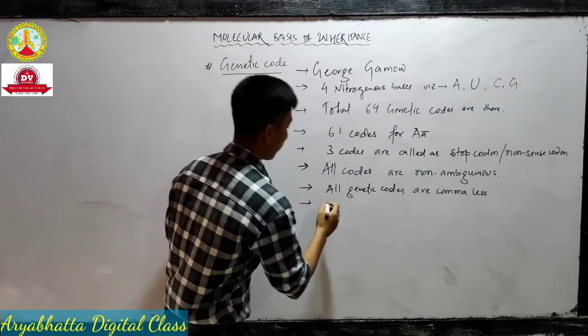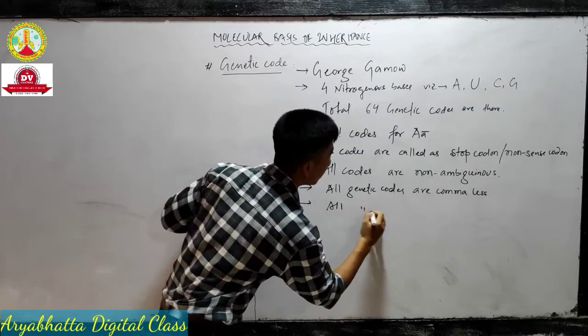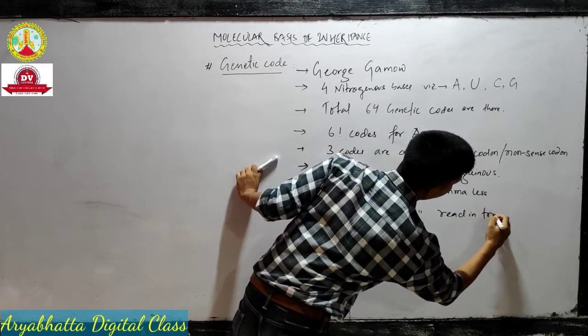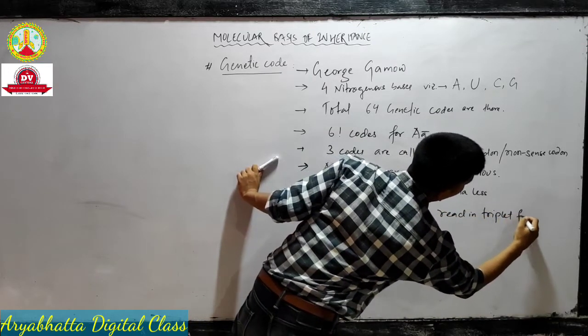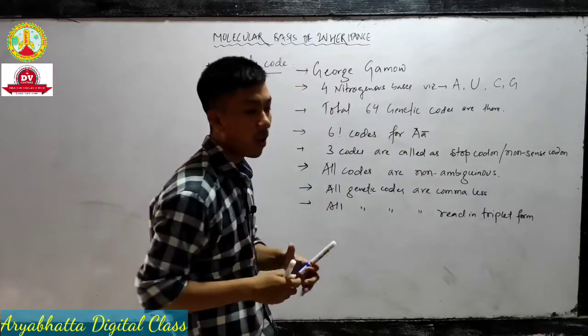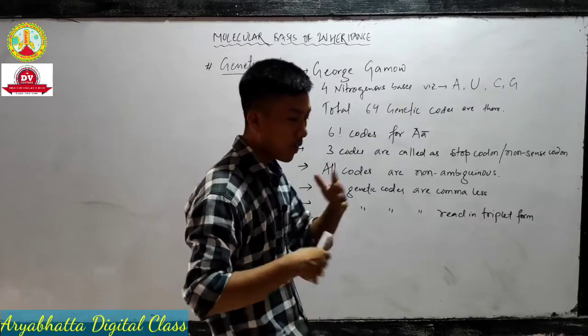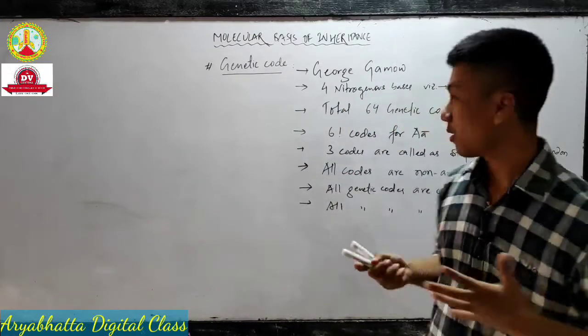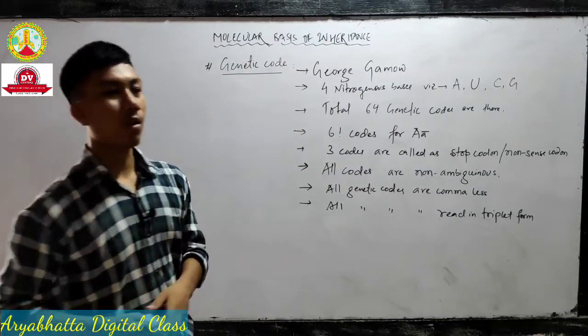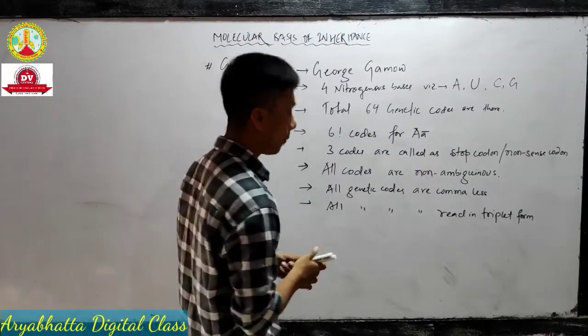One more important thing. All genetic codes are read in triplet form. We have 4 nitrogenous bases which actually make the genetic codes. That means 64 genetic codes. Now when we read all those genetic codes, we read in a triplet form.